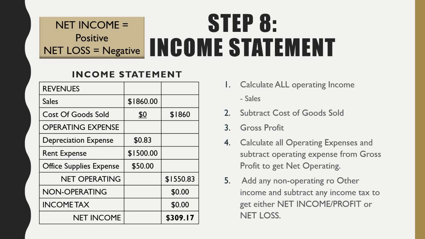And how we organize it, you're going to start with all of your income first. You're going to counter against them by your cost of goods sold, because that's directly correlated to your sales, right? Because you're trying to sell your inventory, so cost of goods sold is directly correlated to your inventory. Then once you get that, you're going to get what's called a gross profit.